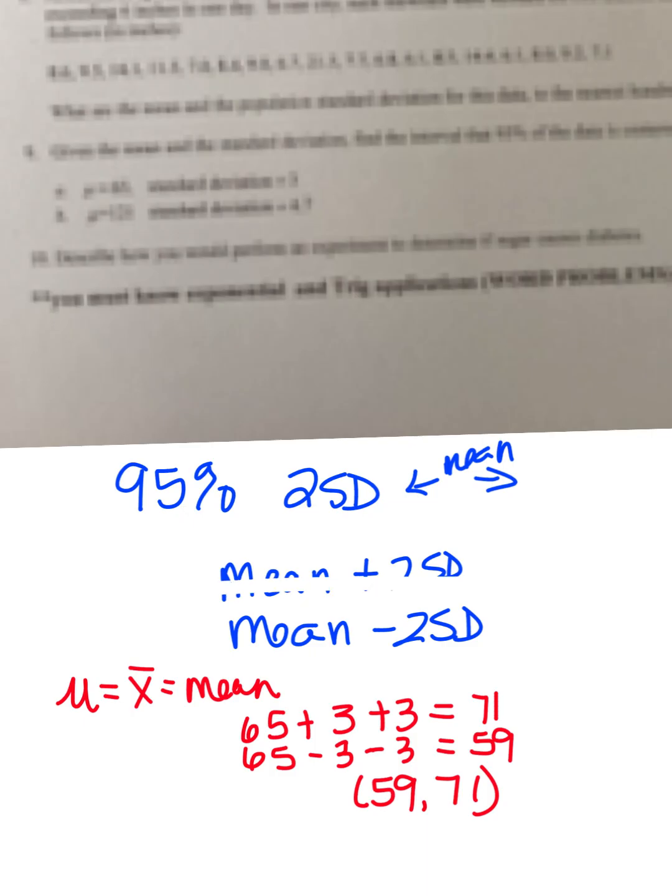Let's take care of the next one. The mean is 121, and we're going to add 4.7, adding 2 standard deviations. So do 121 add 4.7, and I got 130.4.